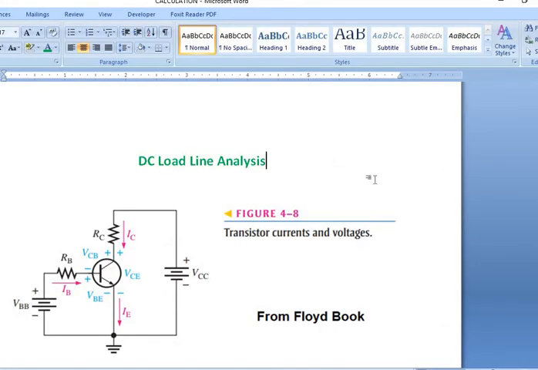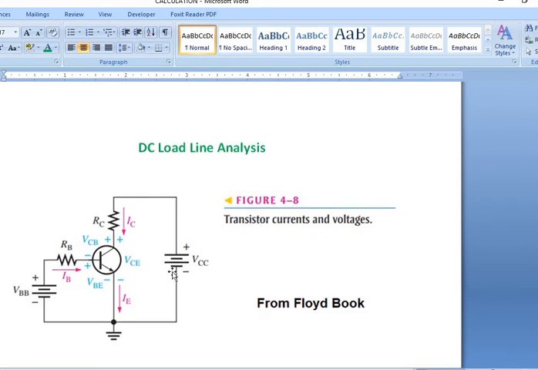Students, now we will analyze the DC load line analysis, which is an important topic of your syllabus. This figure is obtained from the Floyd book. So the same things are written over here.